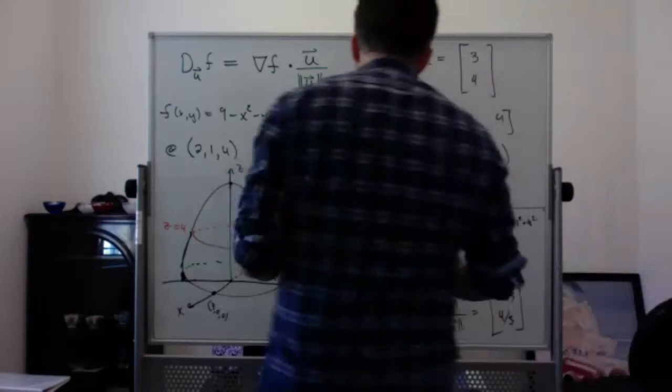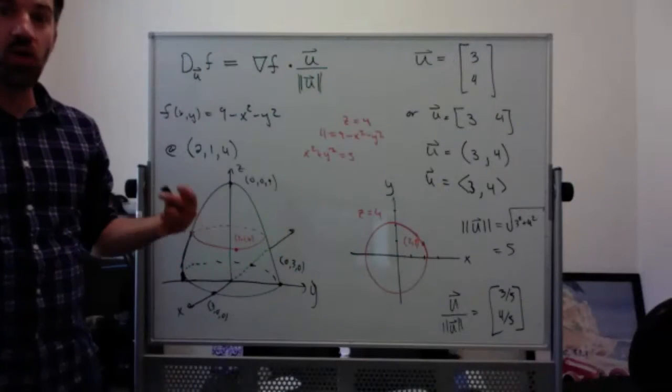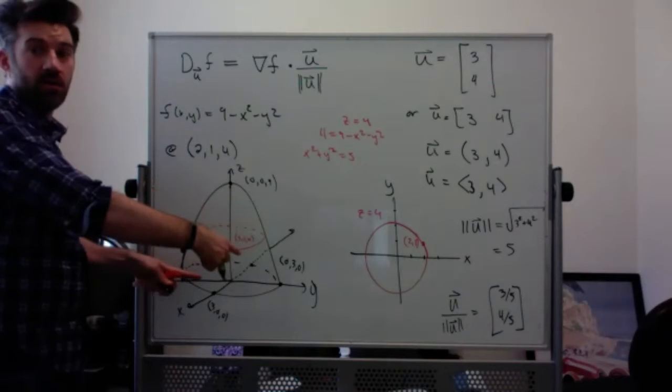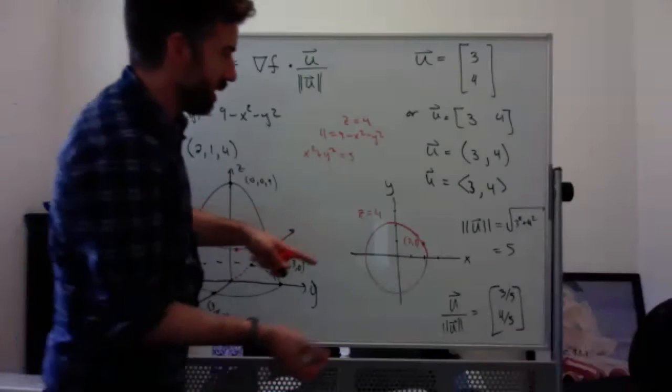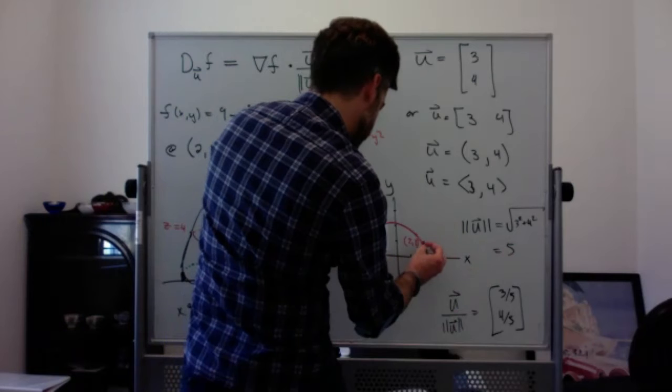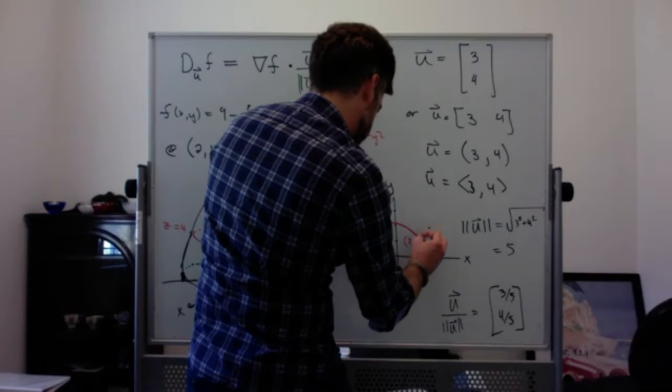So I'm asking, what's the slope of the surface going to be, this surface over here, when I travel in the direction over 3/5 and up 4/5?